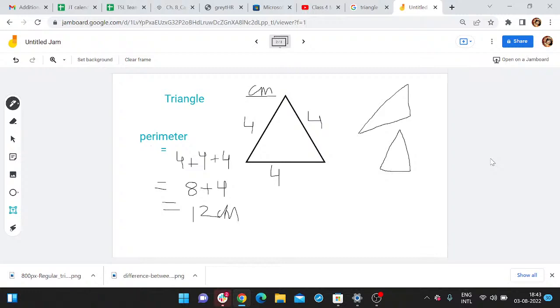Okay. And now we need to come to the area of the triangle.